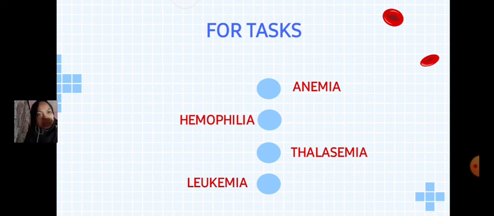It can be anemia, hemophilia, thalassemia, or leukemia. The content of the poster is to analyze the symptoms, how to treat them, and what technology can be used as a treatment for these disorders.